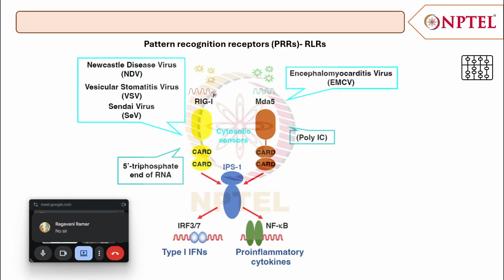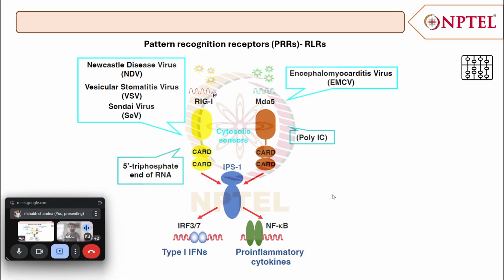Now, what do these receptors actually recognize? MDA5 basically recognizes encephalomyocarditis virus, EMCV. So these receptors are distributed among specific viruses that they recognize.